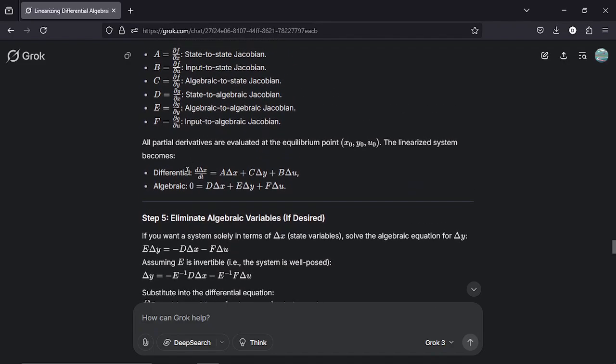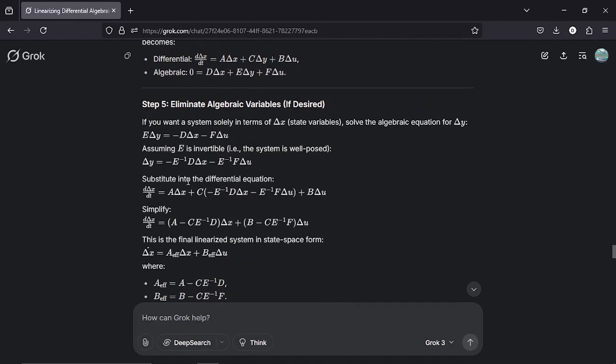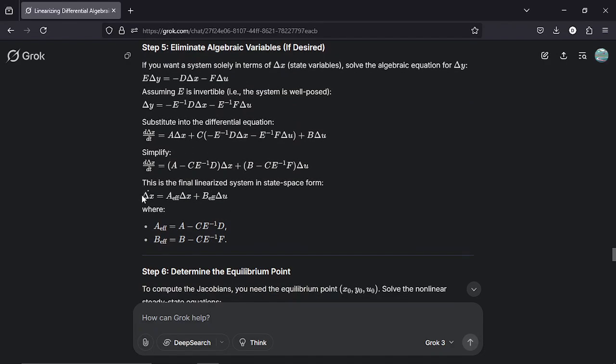But there are differential and algebraic equations, so we can eliminate the algebraic part and develop the dynamical part only. And this is our equation, the equivalent linear model of the system, that represents the overall dynamics of the synchronous machine around the operating equilibrium point. Okay, and you can calculate like this.